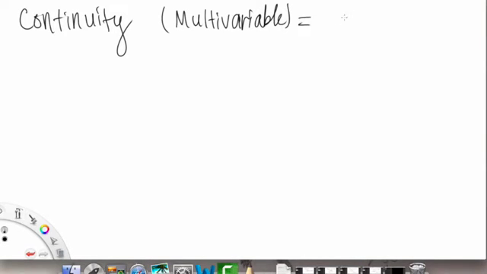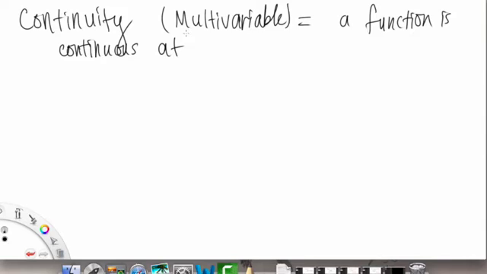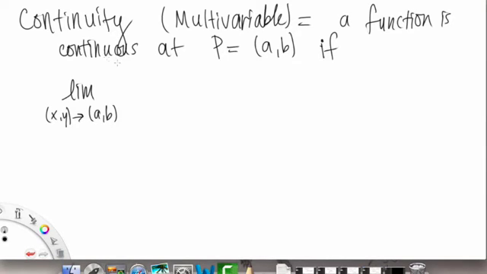A function is continuous at, and we'll use our same point P, which is (a,b), if the limit of that function as (x,y) goes to P, which is the same thing as the point (a,b), is equal to the value of the function evaluated at P.